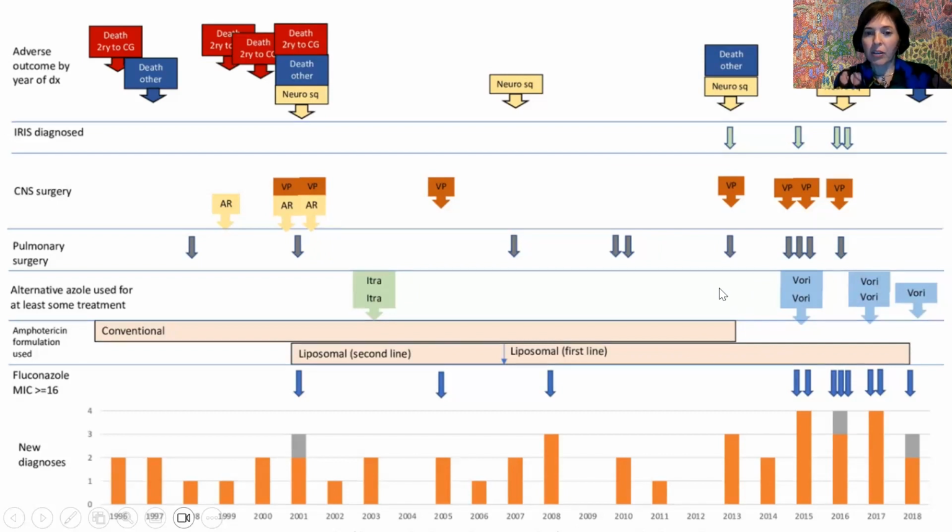People are more likely to get treated with azoles other than fluconazole, and you can see that several more people in the later years of this study are receiving voriconazole as their step-down eradication phase treatment on the basis of the fluconazole MIC being 16 or more. In the past, MIC wasn't always reported, so we don't know that it's necessarily increasing over time, but certainly we've got more reports of those high MICs, and in those cases we're tending to use voriconazole instead.